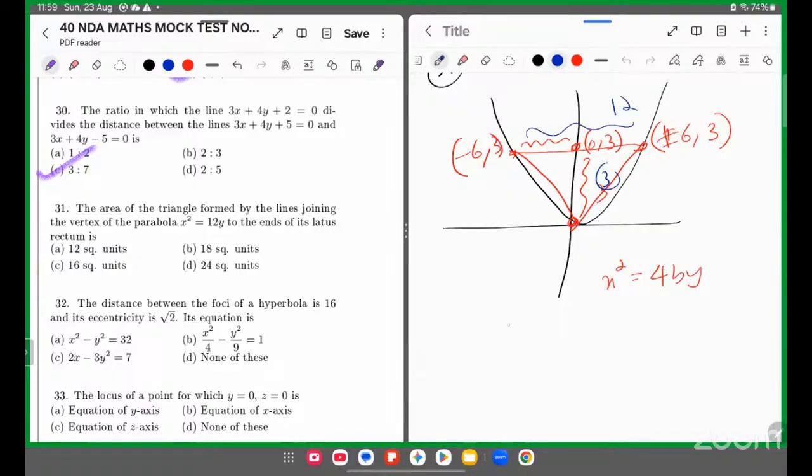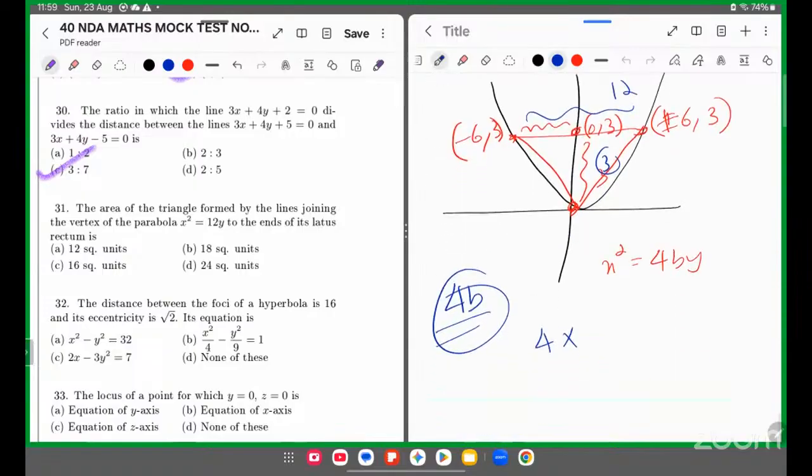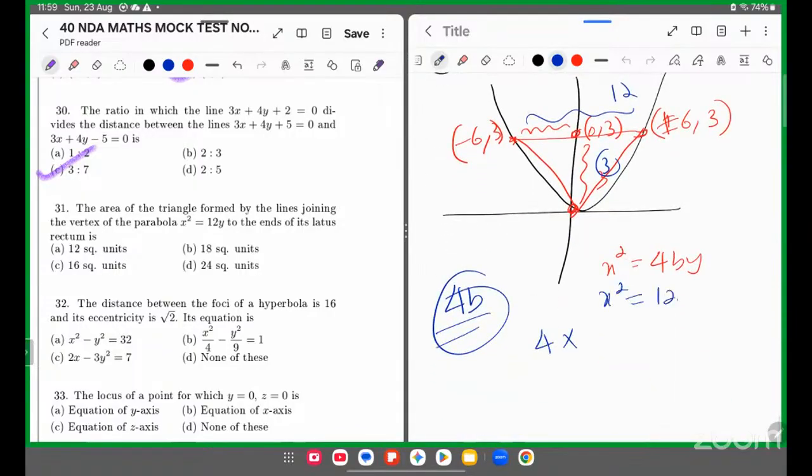Because we know that the length of the latus rectum is 4b. When you compare this equation with our standard equation x square is equal to 12y, we can say that b is equal to 3. So 4 into 3 becomes 12. 12 will be the base and height is 3.